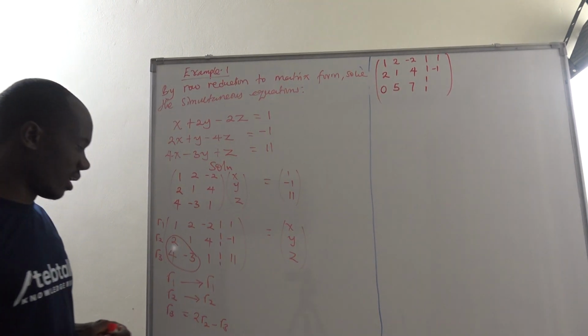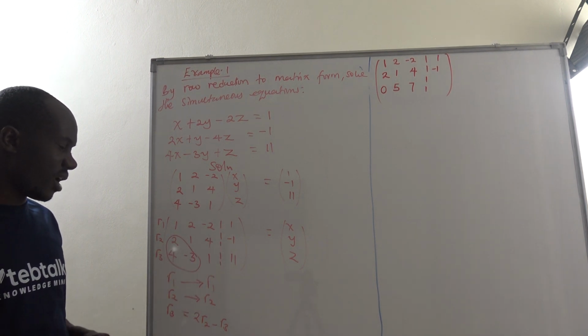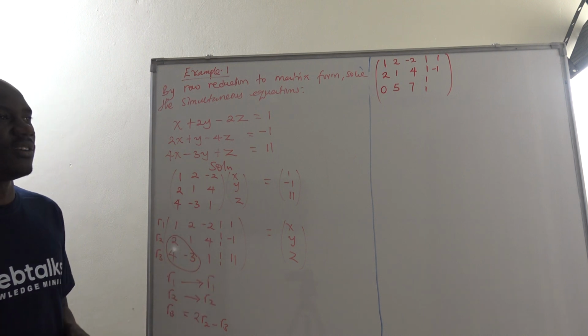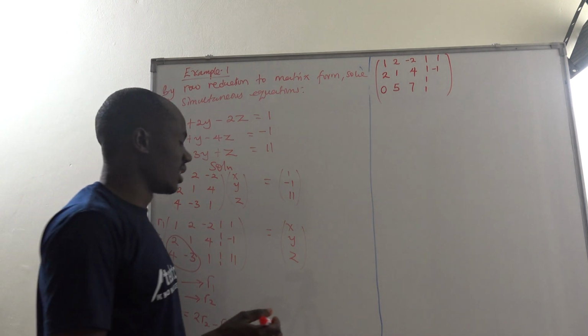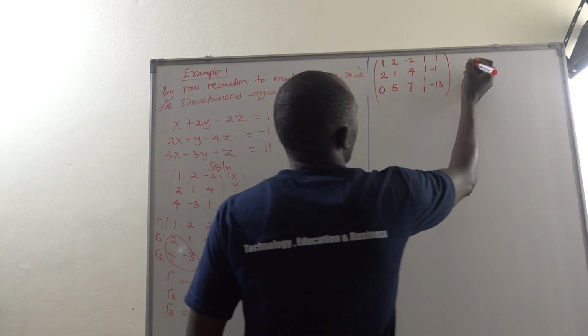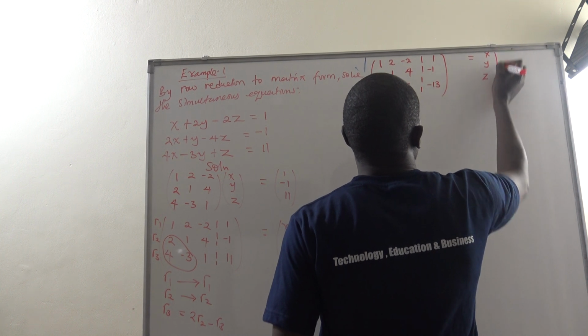We also come to another one. 2 times negative 1, you are coming out with negative 2. Minus 11, you are coming out with negative 13. So, which is equal to x, y, z.